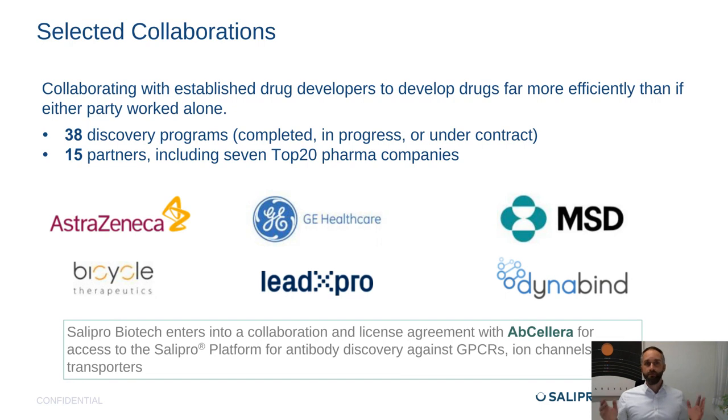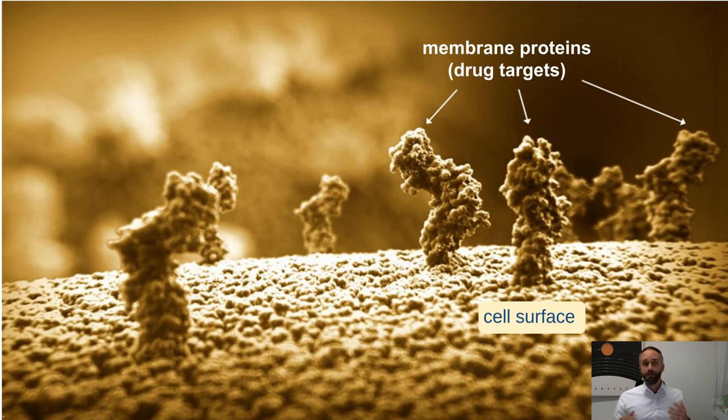What we're doing at Salipro Biotech is we're working with membrane proteins. And Michael already introduced membrane proteins to us, explaining their relevance in the drug discovery process. So starting from scratch, if you look at the surface of the cell, you have the cell membrane, and there are a couple of proteins sticking out of the membrane, which are the membrane proteins, and they're really interesting drug targets.